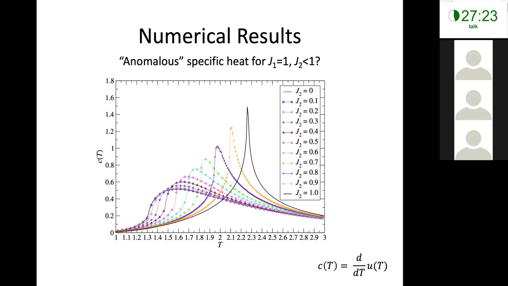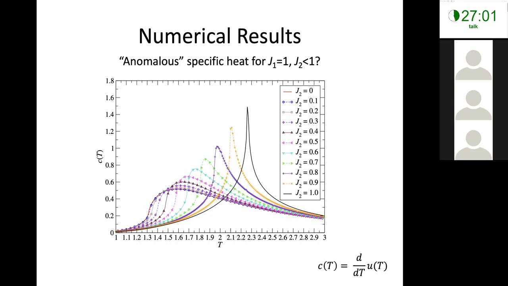So this specific heat is calculated as a local quantity, as a derivative of the internal energy with respect to temperature. And we can again look more closely at the square lattice.